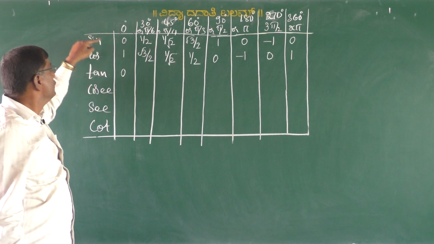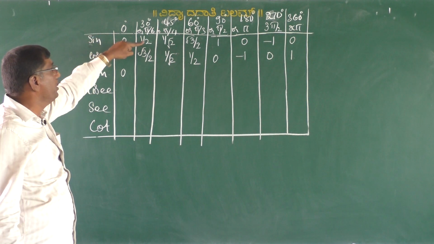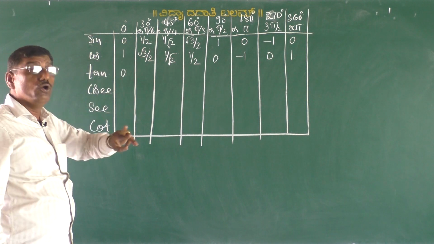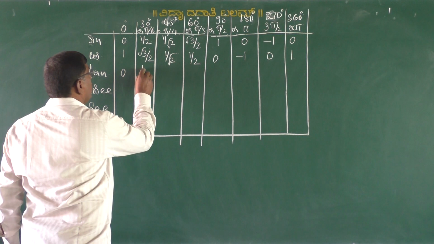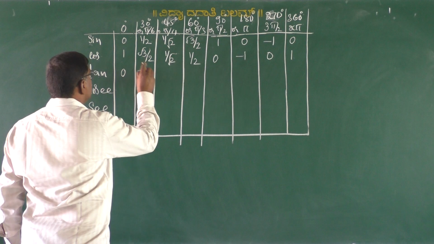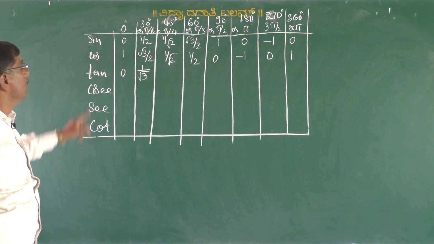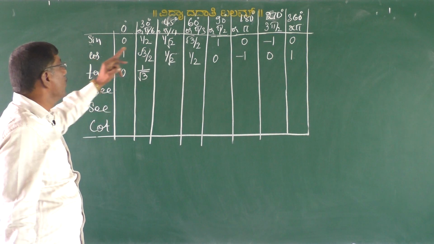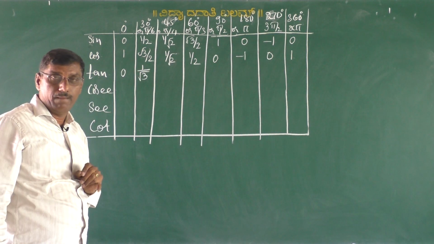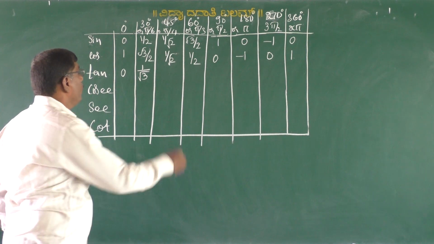Tan 30, sin 30 by cos 30, 1 by 2 divided by root 3 by 2, the 2s cancel, we can write 1 by root 3. Tan 45, sin 45 divided by cos 45, isn't it? We get 1.